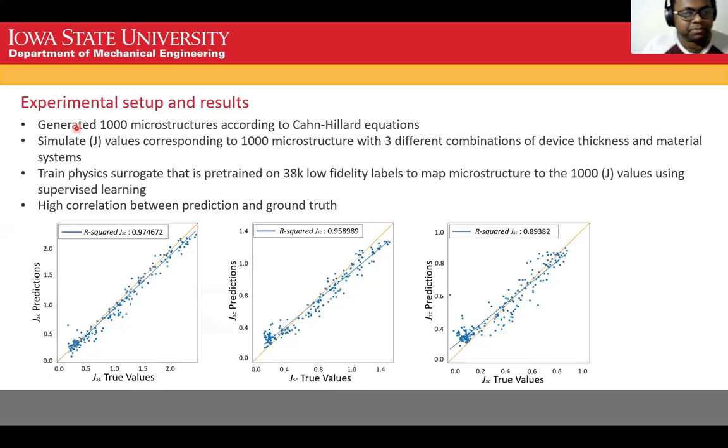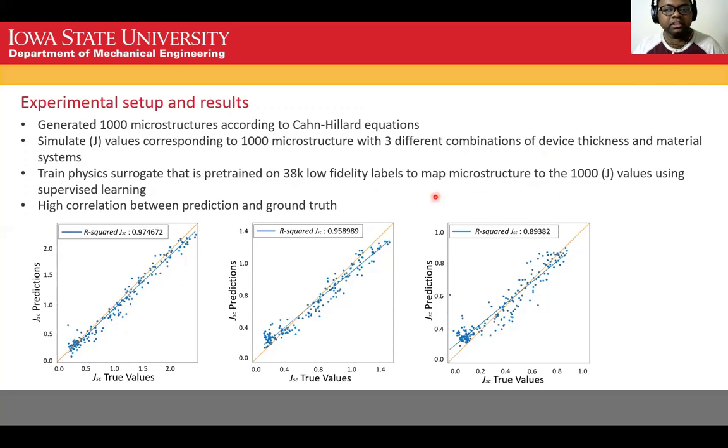So we first start with generating the J values for 1000 microstructures. These microstructures are obtained by solving the Cahn-Hilliard equation. We generate these J values for three different combinations of device thickness and material systems. We also use a pre-trained low fidelity model, where we use 38,000 microstructures, and for each microstructure we get the low fidelity labels, which are very cheap to get in terms of computation cost.